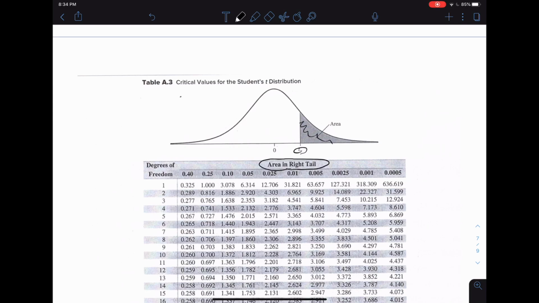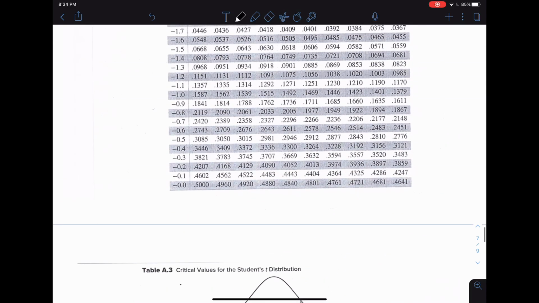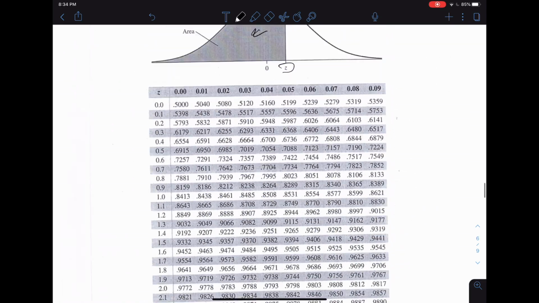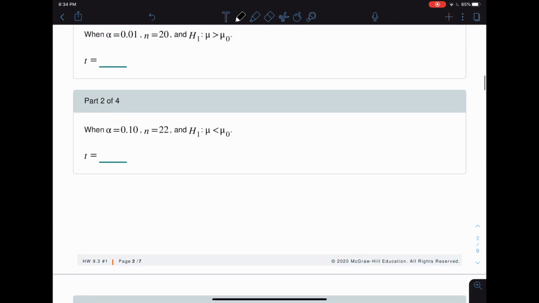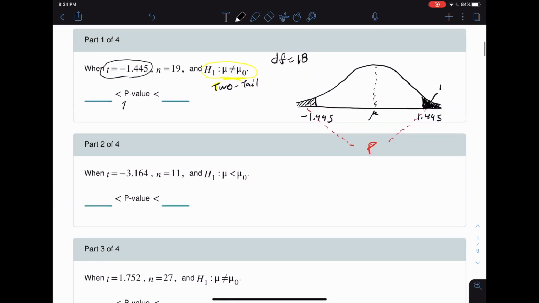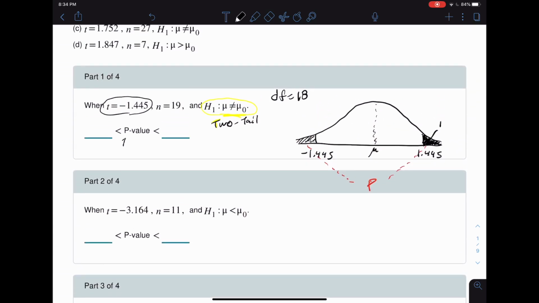And so let's go back to the information we're going to need to do this. The critical pieces we need are the t value, 1.445, and the degrees of freedom, which is 18.